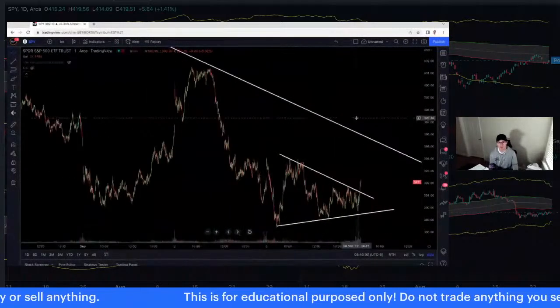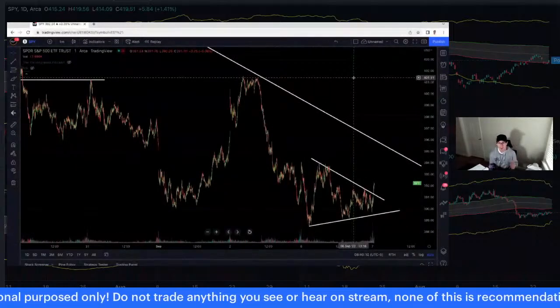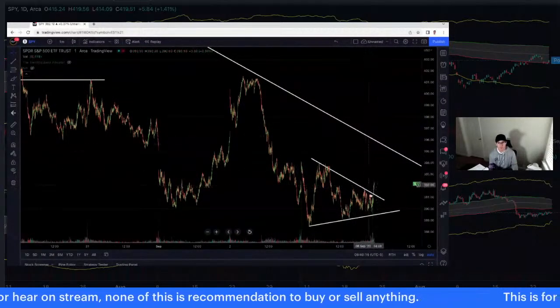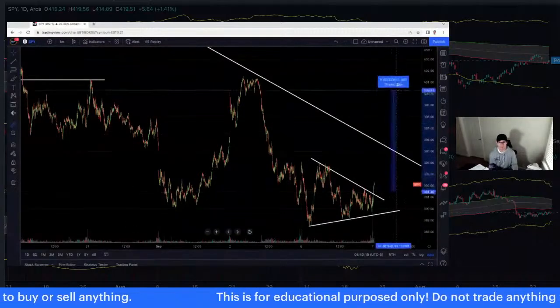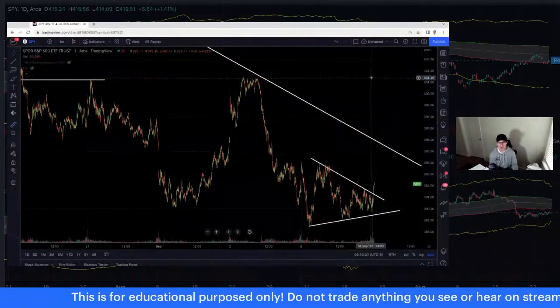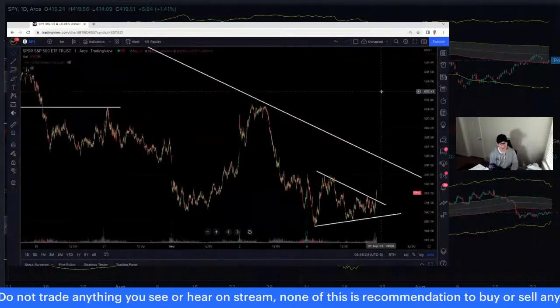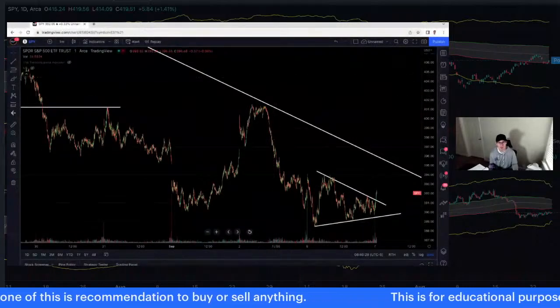And if we break above this trend line, then we'll look to target around the 401 level. Not all in one day. I don't expect that to happen in one day and it should not happen in one day. That's not a healthy move to go from here to there in one day, that's too much. 2.5, 2.6% would be a very strong move, and something I'm not expecting right now because we don't have any news or economic data in the background to support that move.